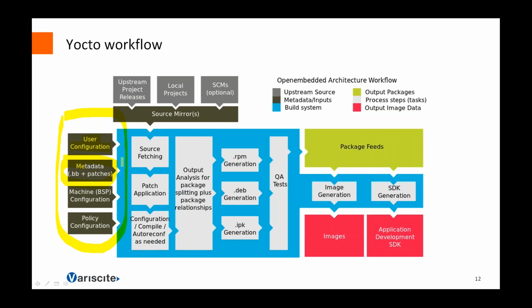Also, there is the machine BSP configuration. That is a kind of configuration file showing the architecture of the machine, the way you are going to introduce the optimization for the hardware and so on. Finally, there are some policies that are used by the build system to manage the package building.